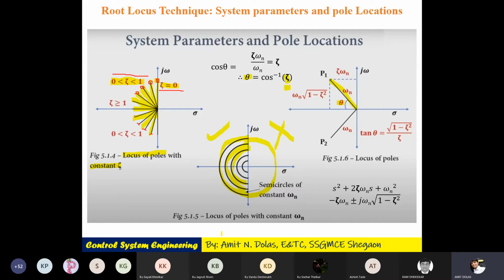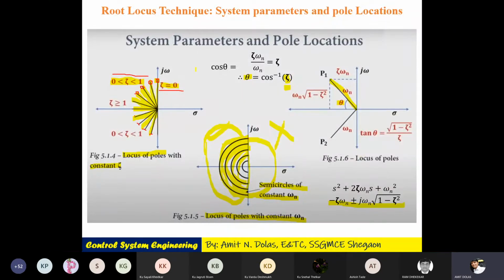What does this graph show? It is a locus of pole with constant omega n. It means you will get an idea that if I vary the system parameter like zeta or K, your poles may lie on these lines only, in the semicircle region.